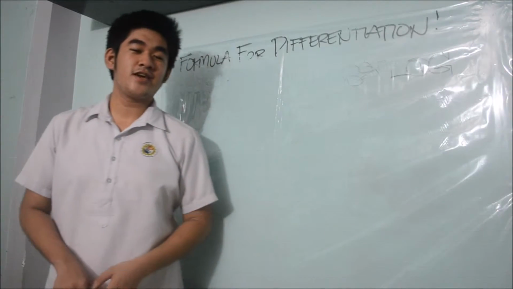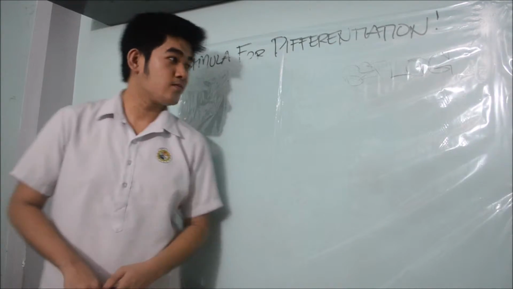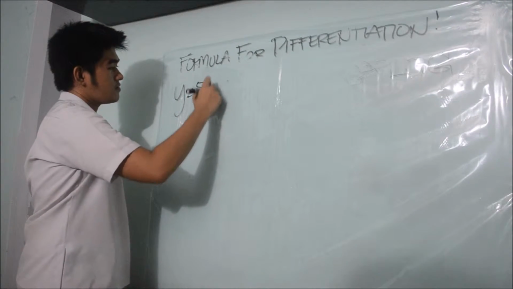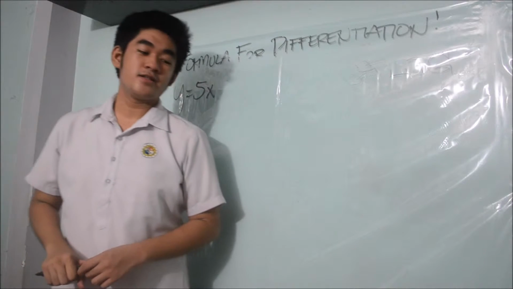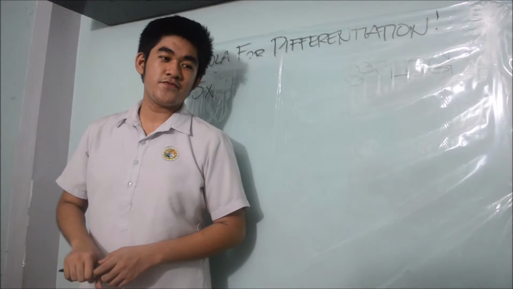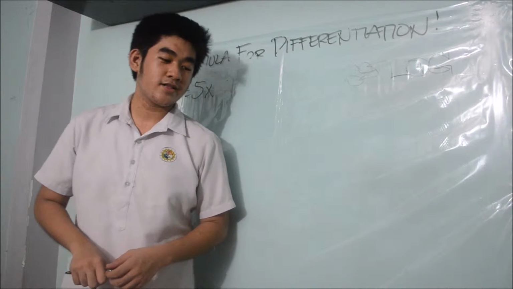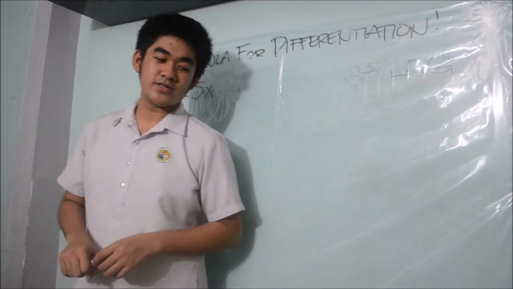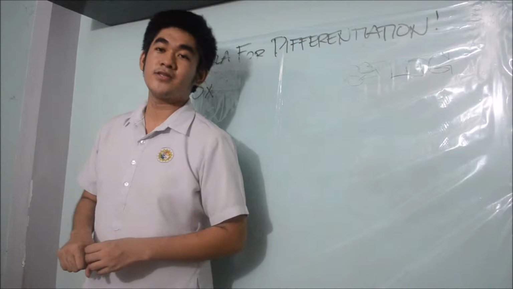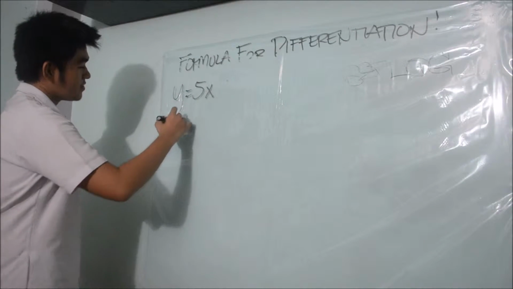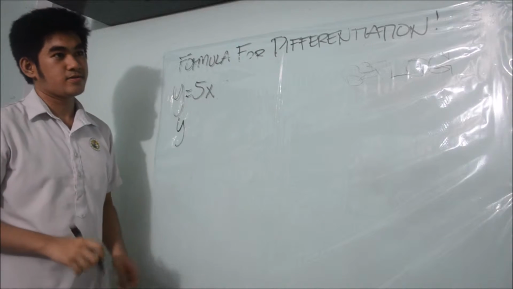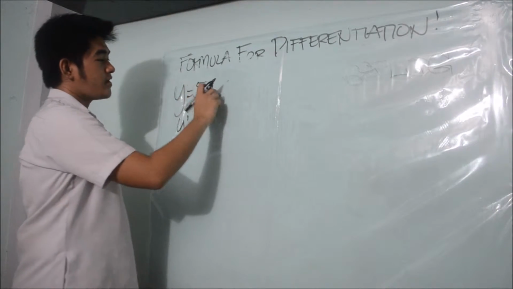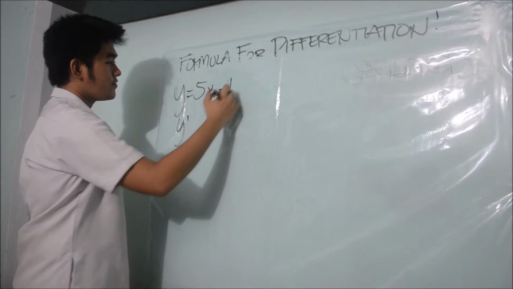An example for the second formula for differentiation. If we're asked to get the derivative of this equation, since the second formula for differentiation states that the derivative of a product of a constant and a function is equal to the product of the constant and the derivative of the function, if we apply that concept to this equation, the derivative of x is always equal to 1.